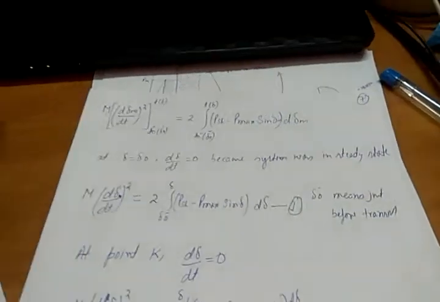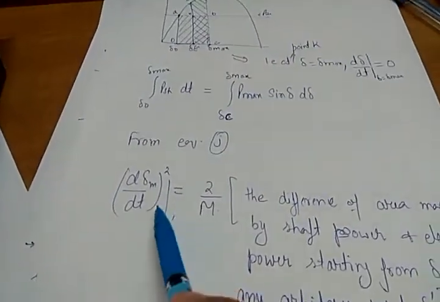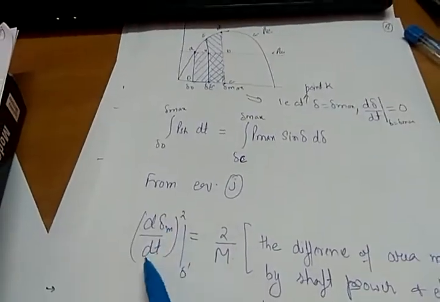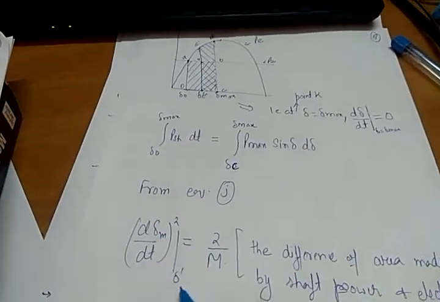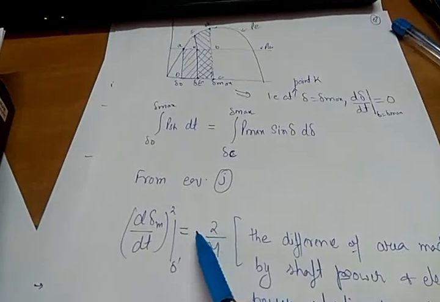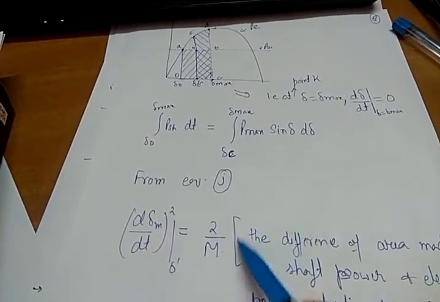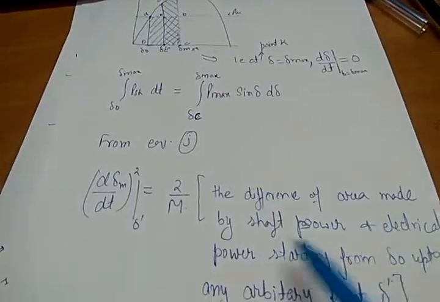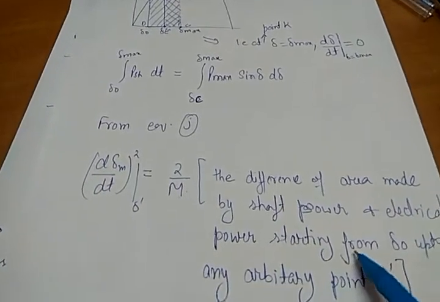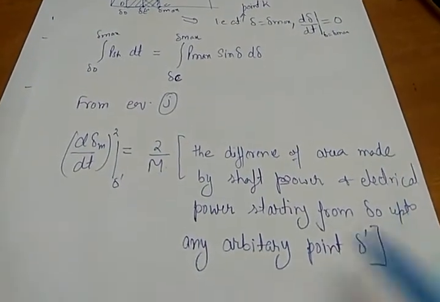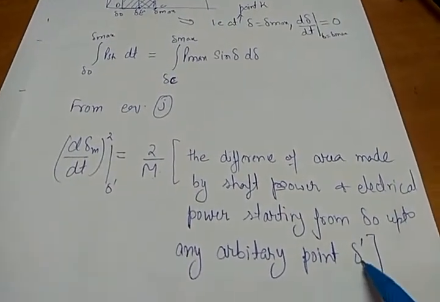From this equation, you can say that (d delta by dt) whole square at any value delta dash is given by 2 by m into the difference of the area made by the shaft power and the electrical power, starting from point delta naught up to any arbitrary point delta dash.